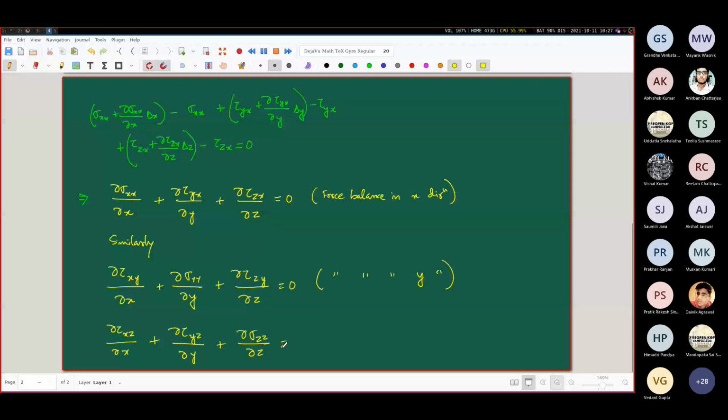This is the fundamental thing which I wanted to show you. These are referred to as the stress equilibrium equations.